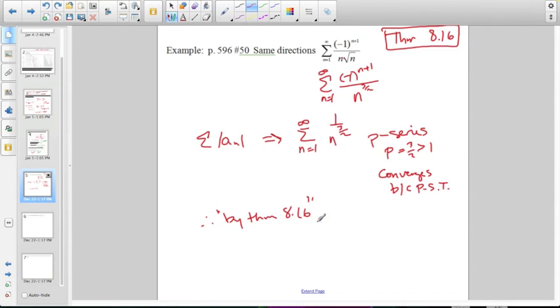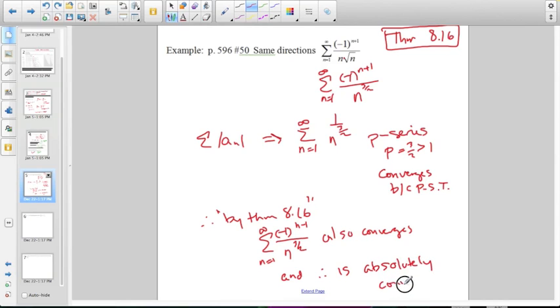By Theorem 816, the alternating series of the same form also converges, and therefore is absolutely convergent, because both the series itself converges and the absolute value expression converges.